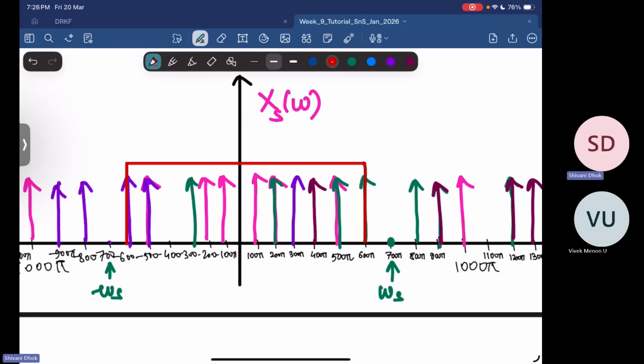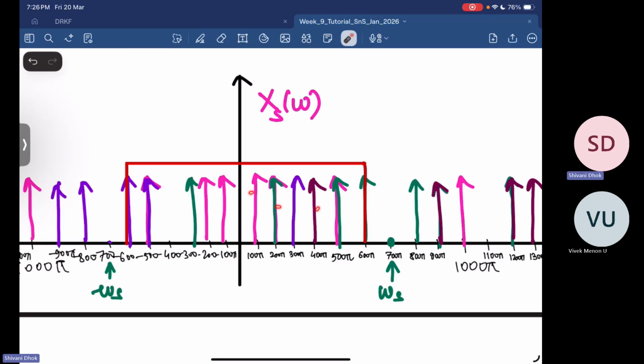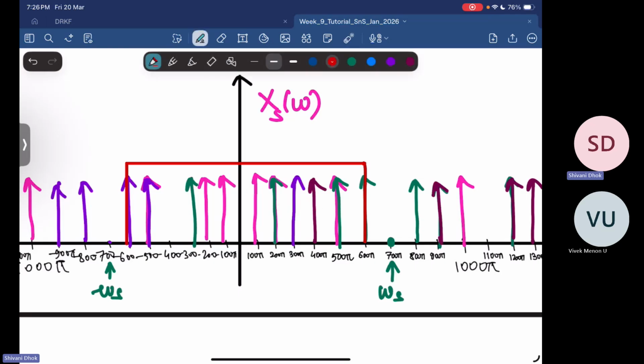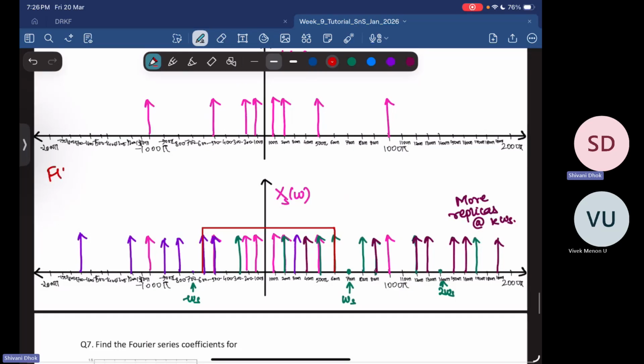Okay. So what all frequencies are present now? So the frequencies that are present are 100 pi, 200 pi, 300 pi, 400 pi, and 600 pi. So final frequencies are 100 pi, 200 pi, 300 pi, 400 pi, 500 pi, and 600 pi.